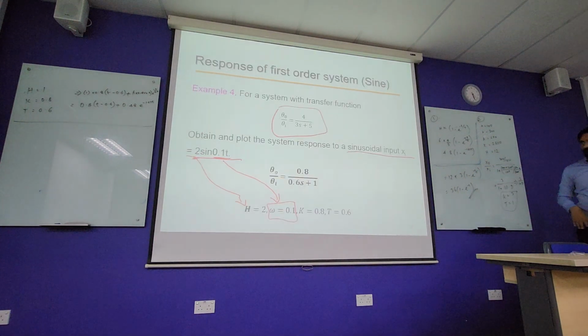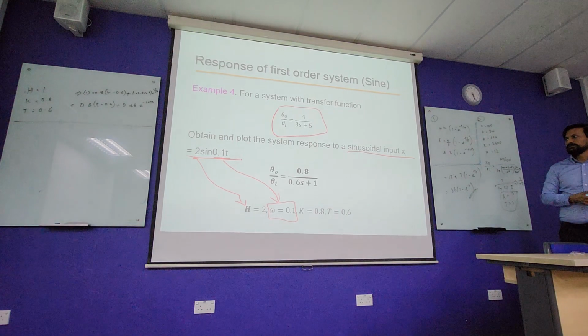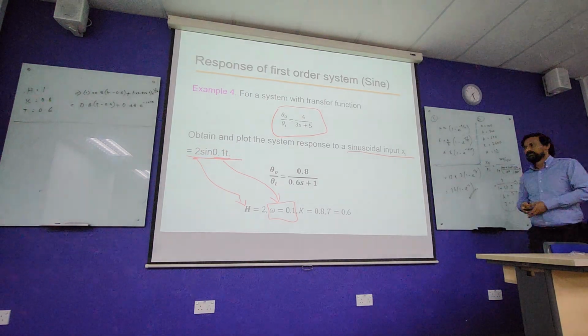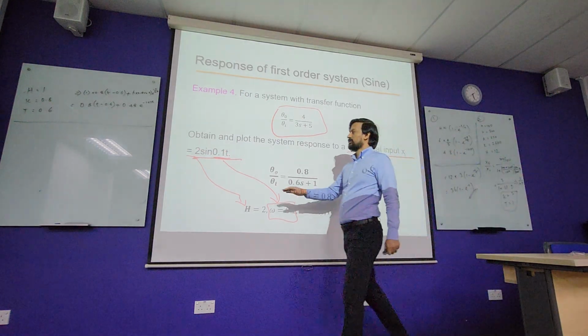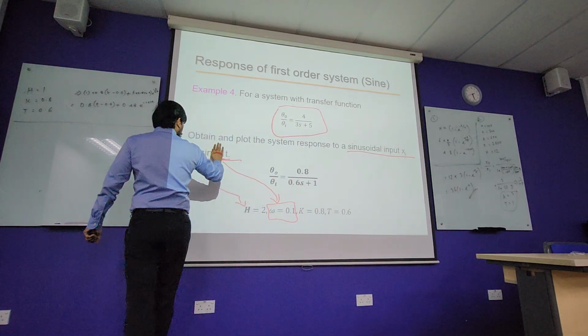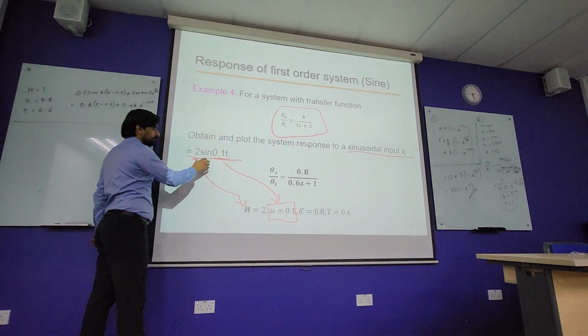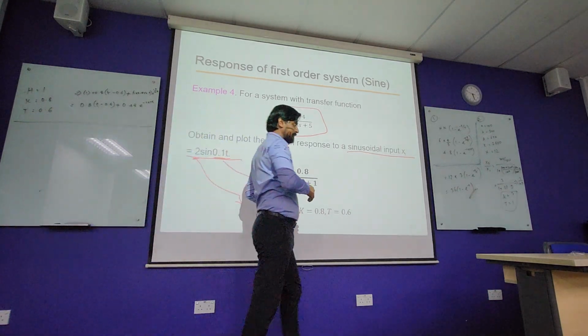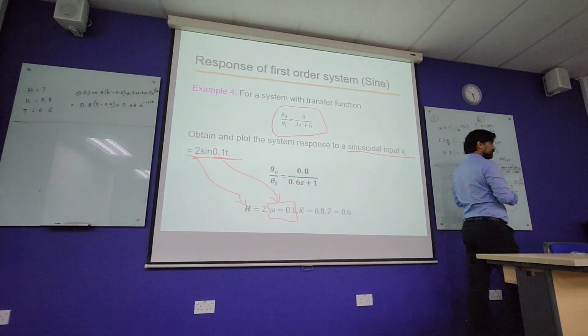Okay, so sine input. When you talk about sine input, there will be one more extra term, where H is 2 and omega is 0.1. So this is your H value and this is your omega value. Based on the equation given, you can get the numbers, then substitute into the equation.